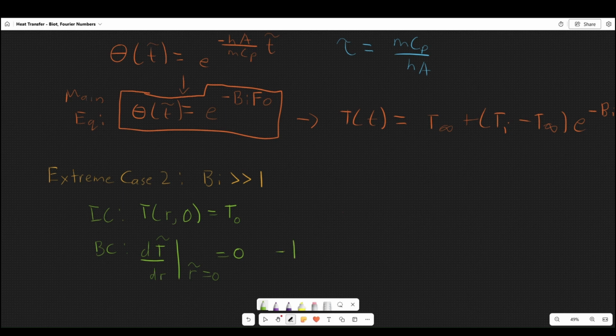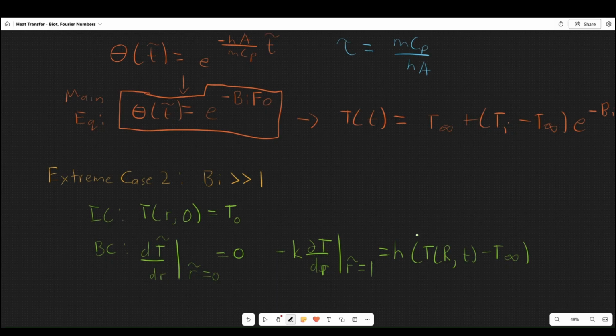Then we also have the constant heat flux, so this would be dθ/dr at R equals R, or since this is non-dimensional, at r equals 1, which is equivalent to h times (T_R minus T_∞). This would be the two boundary conditions.